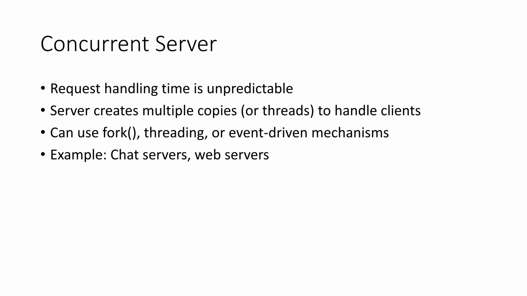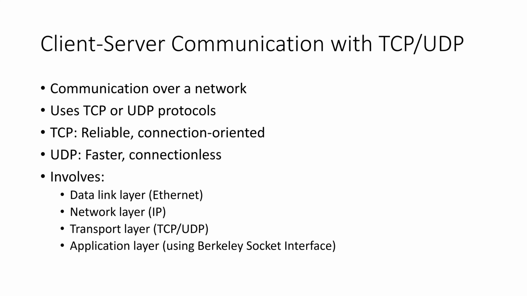This is often done using system calls like fork in Unix or using threads in modern languages. It allows the server to handle multiple clients simultaneously, ensuring one slow client doesn't block others. The trade-off is that it uses more resources than an iterative server, but it's essential for interactive and real-time applications.